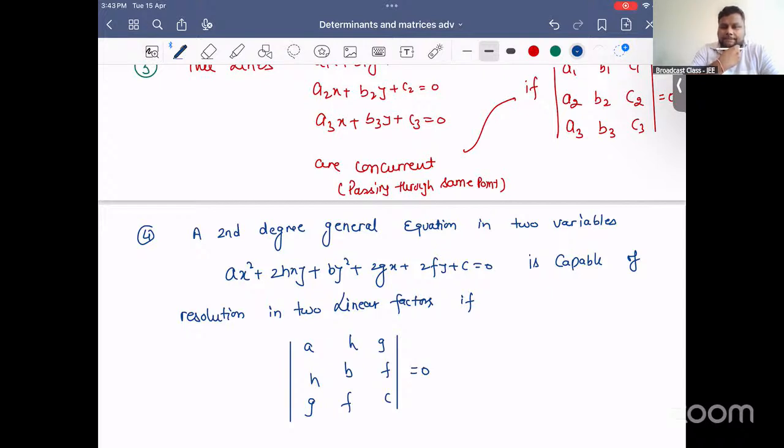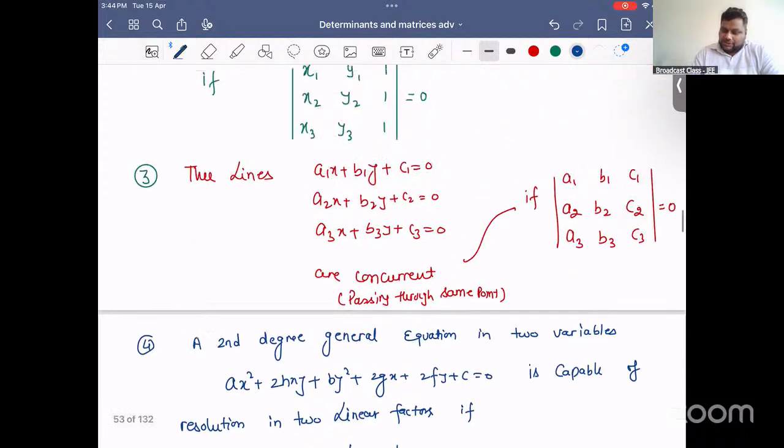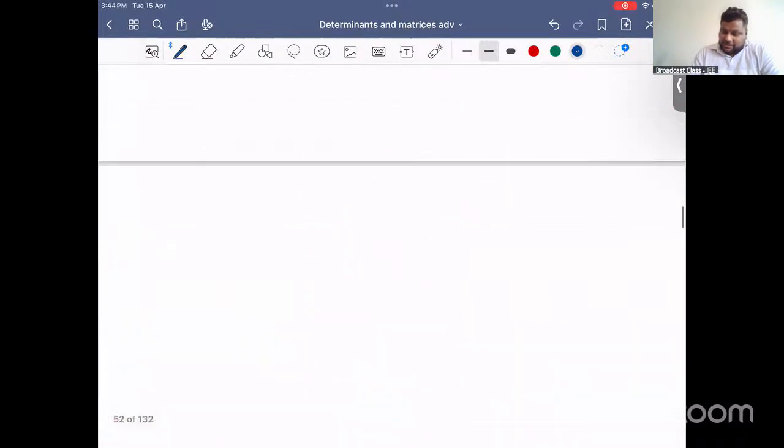Is it okay? So a second degree general equation is capable of resolution into two linear factors. Means this equation can be resolved into two lines if this quantity goes 0. So these are certain applications of determinant.